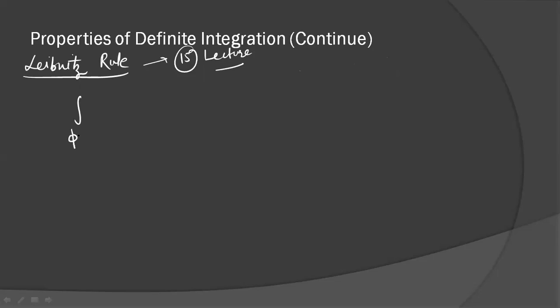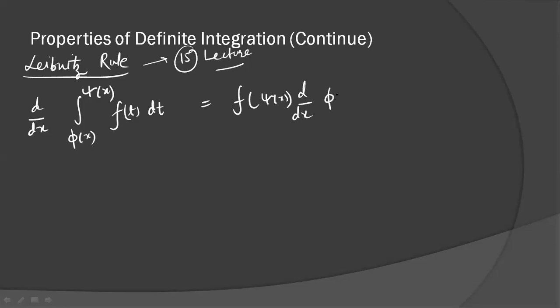If you have a limit of integration as phi x to psi x f t dt, it's the first form of Leibniz, and you want to differentiate it with respect to x, it is equal to the value of function at upper limit into d by dx of upper limit, minus the value of function at lower limit into d by dx of lower limit. If the function inside has both the variable t and x, then this is called the second form of Leibniz, and I'm not discussing that because that is not at the GATE level, it's at the higher mathematics level.